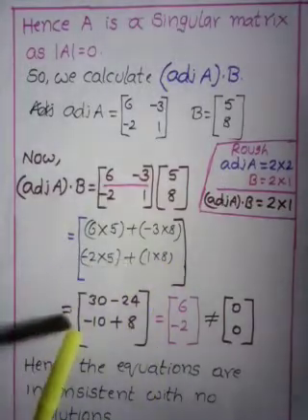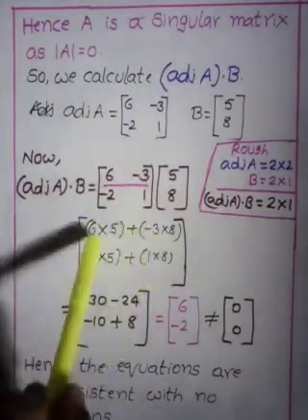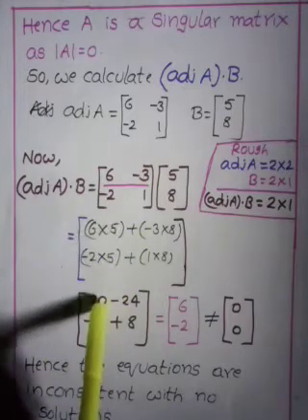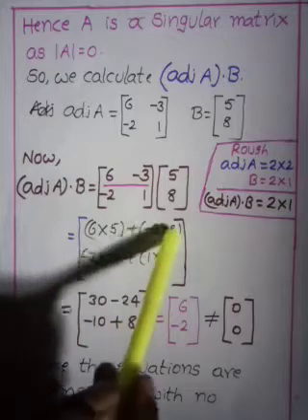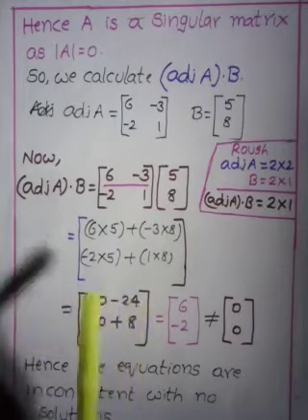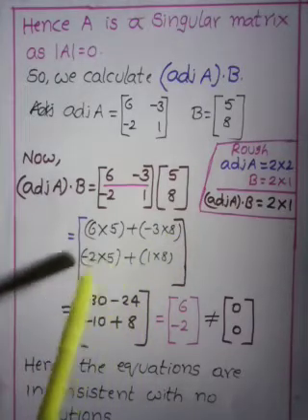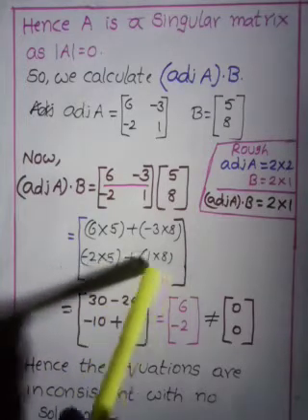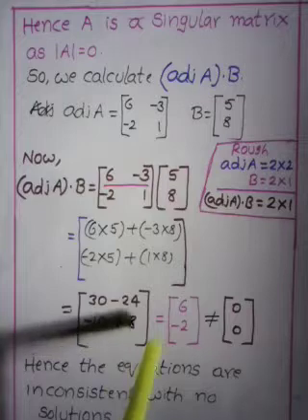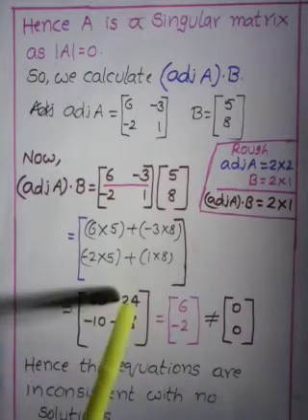Right. That is equal to, now we simplify these terms. 6 into 5, what will you get here? 30. Minus 3 into 8, what will you get here? Minus 24. Now come to this line, minus 2 into 5, what will you get here? Minus 10. Plus 1 into 8, what will you get here? 8. Understood this step, my children? Right.